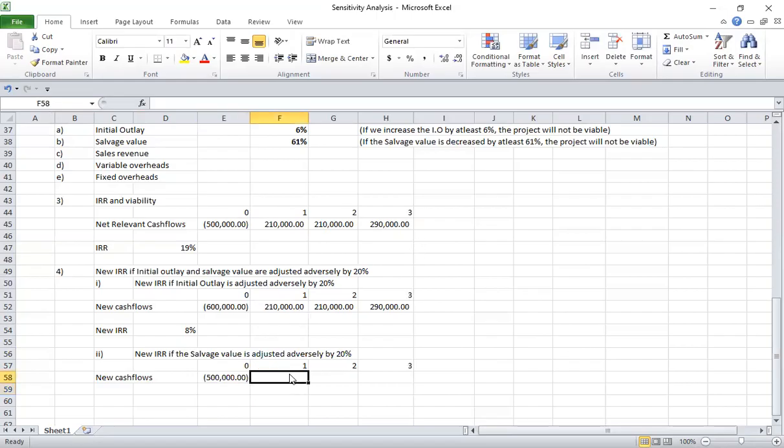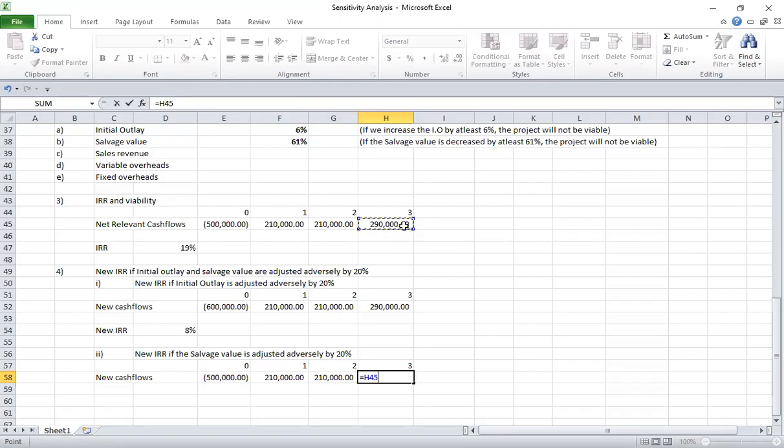So the cash flow for period 1 will not change. What we had before, the same as the cash flow for period 2, that also will not change. When we come to period number 3, you know, it will be the 290.